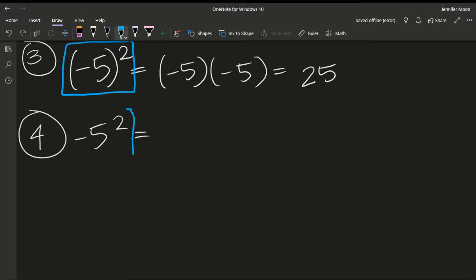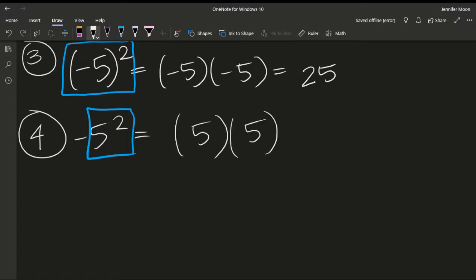So we're actually going to square our 5 twice, because that's what the exponent's telling us to do to our base. You just can't forget that there's also a negative sign right here. That negative sign is going to go on the outside.